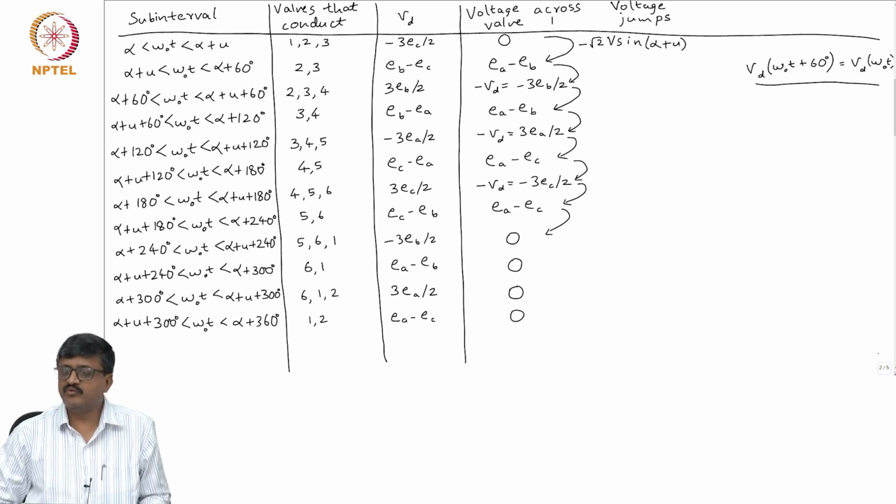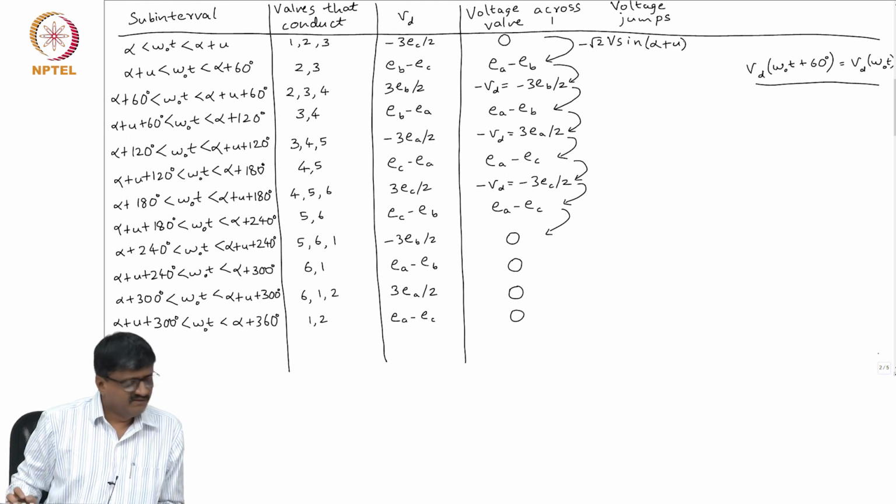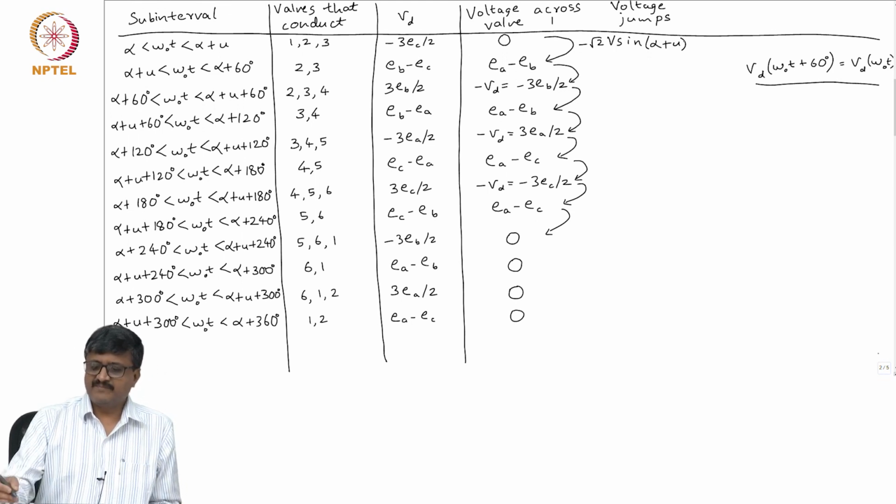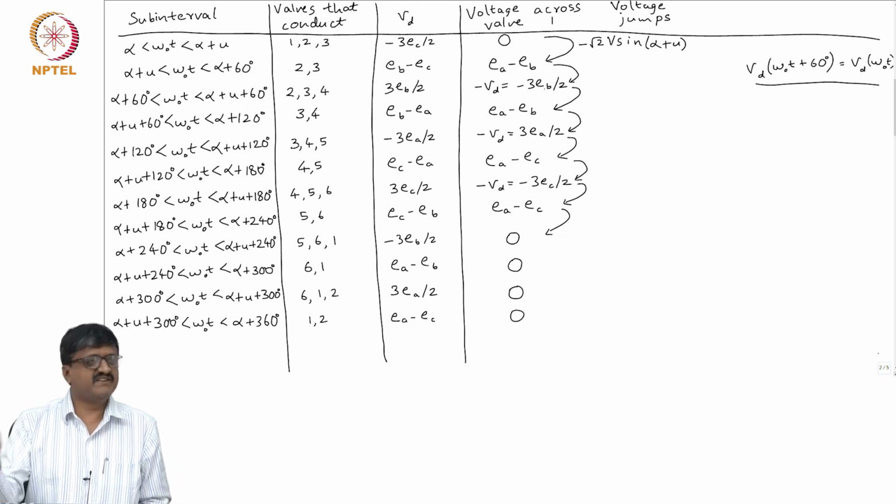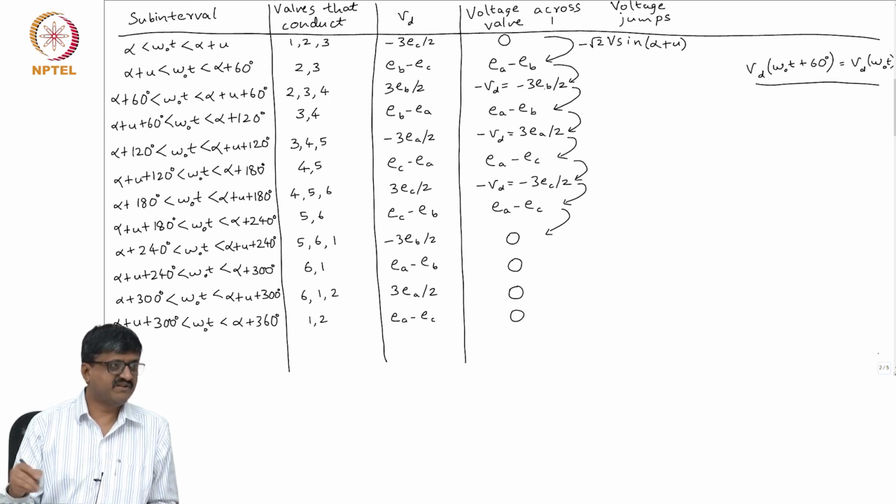So, the jump is actually at alpha plus u, and the jump is E A minus E B minus 0.